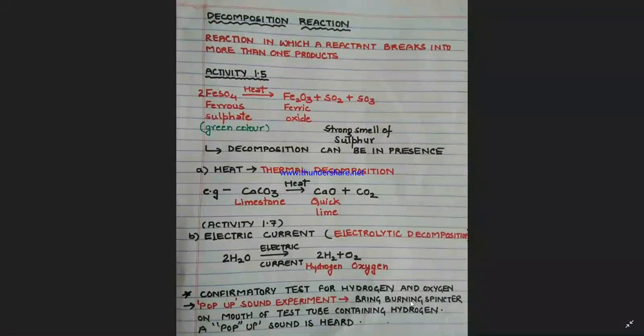If we bring a burning splinter to the mouth of the test tube containing hydrogen, we will hear a pop sound. That indicates that the test tube contains hydrogen gas.